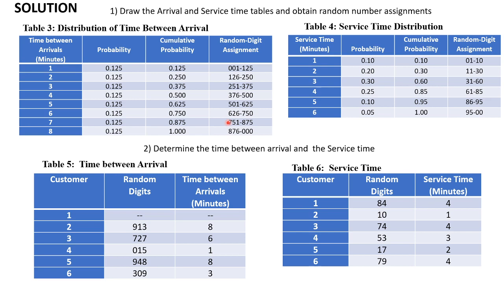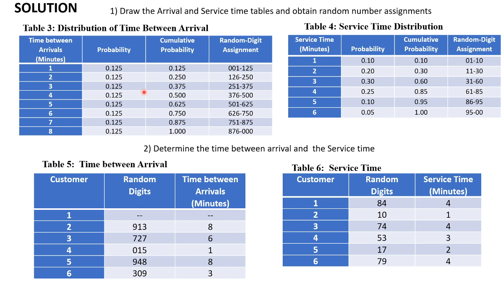Then we have 751 to that, then finally 876 to 1000. But we want to maintain only three digits, so we use 000 without bringing the 1, so we end here. So that gives us the distribution of time between arrival table.